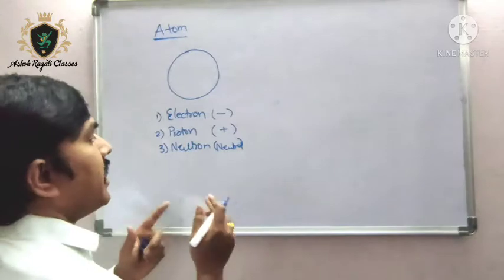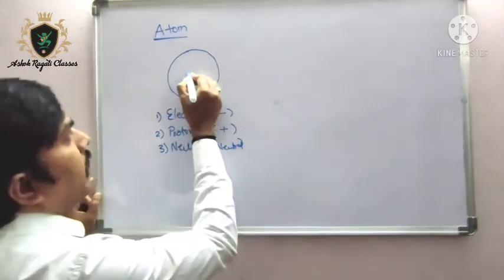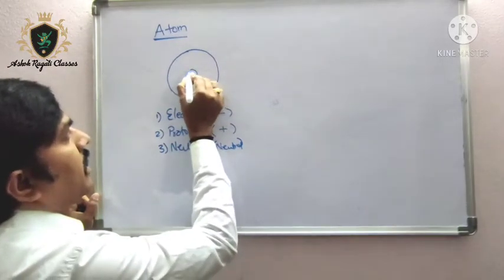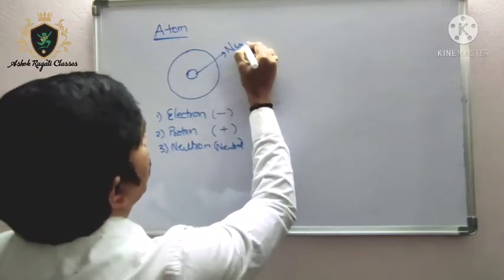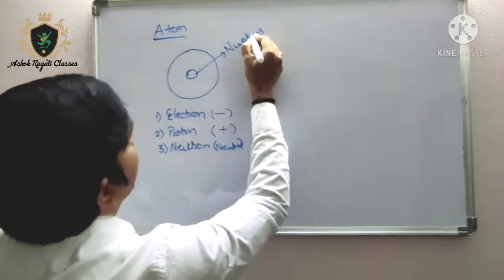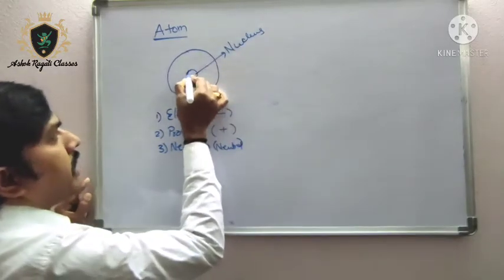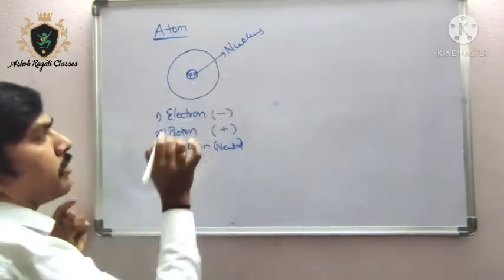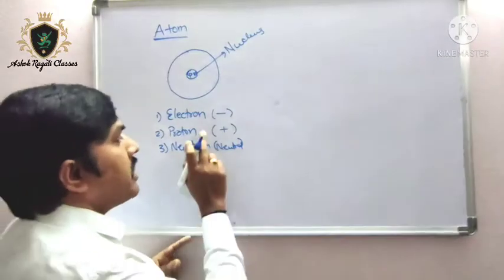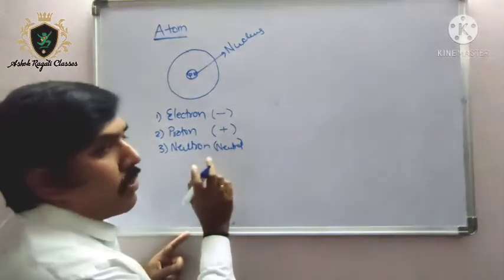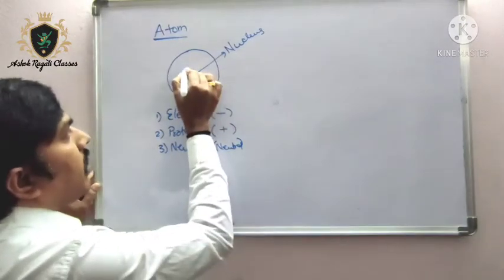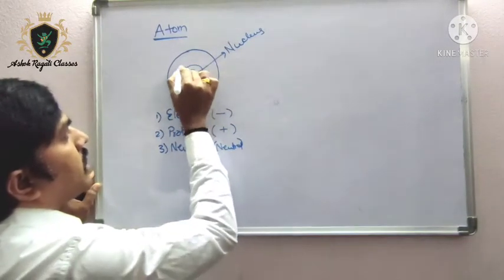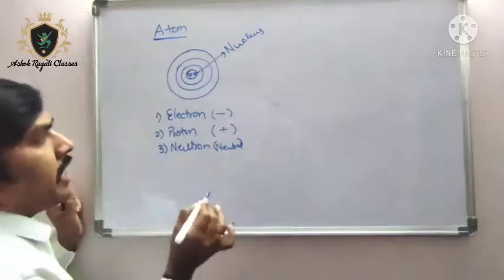Okay, where will they be present? Protons and neutrons will be present at the center of the atom, called the nucleus, which is made up of protons and neutrons. That means a positive charge and a no charge particle. And the electrons, which are negative particles, will revolve around the nucleus in predetermined shells.